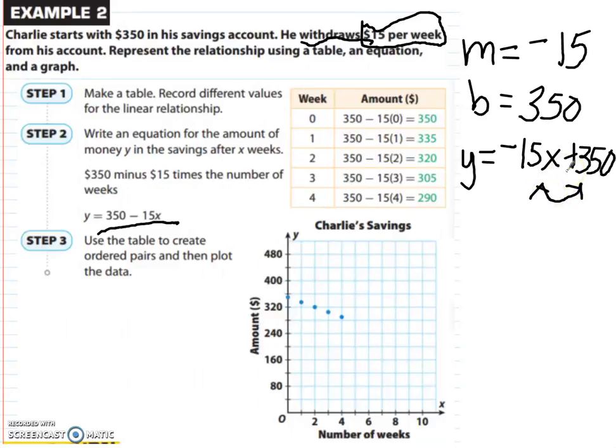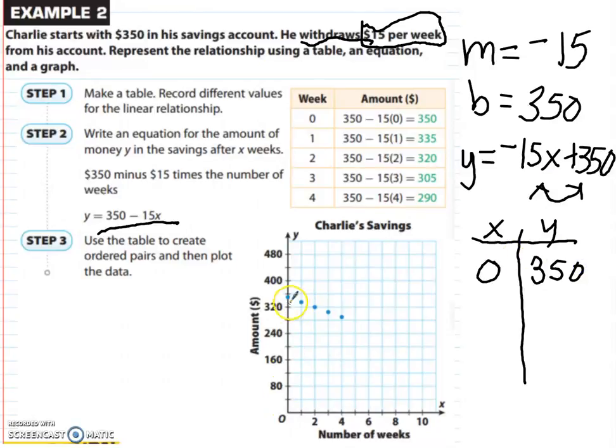Now, whenever we did this on Friday, we plugged and chugged. So when we did this, we had our ordered pairs. When you say 15 times 0, you get 0. And then 0 plus 350 is 350. So they plot the ordered pair 0, 350. Then negative 15 times 1 is negative 15. So then you do 350 minus 15.